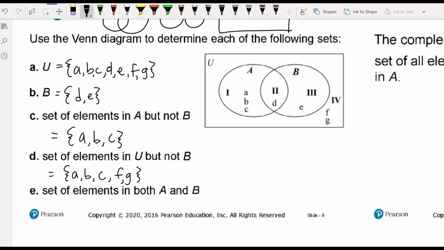All right, and then it says the set of elements in both A and B. So everything in those two circles together. So a, b, c, d, and e will be in that set.